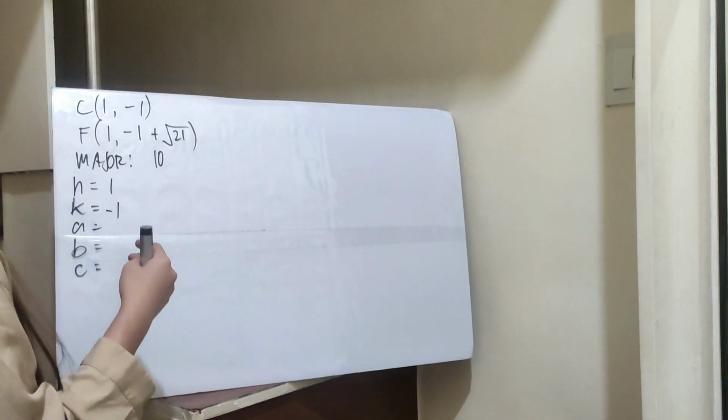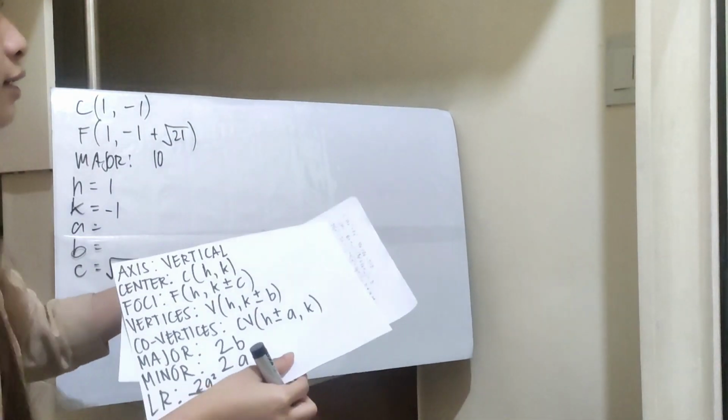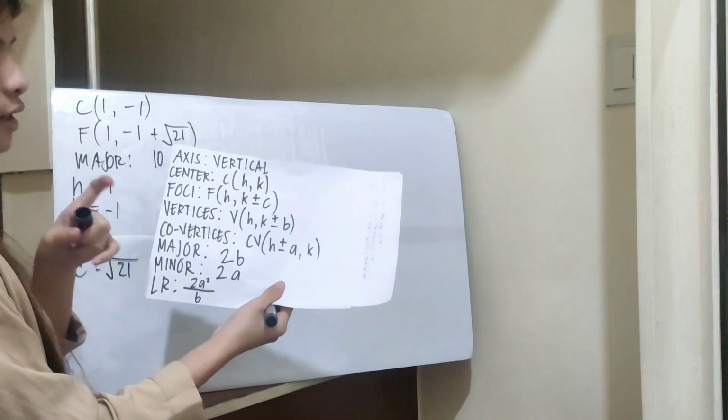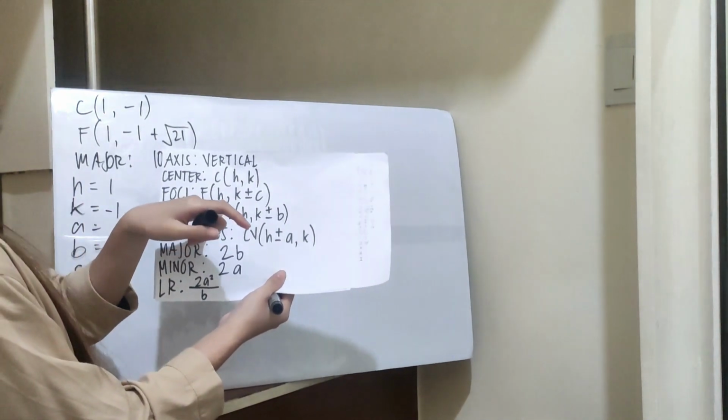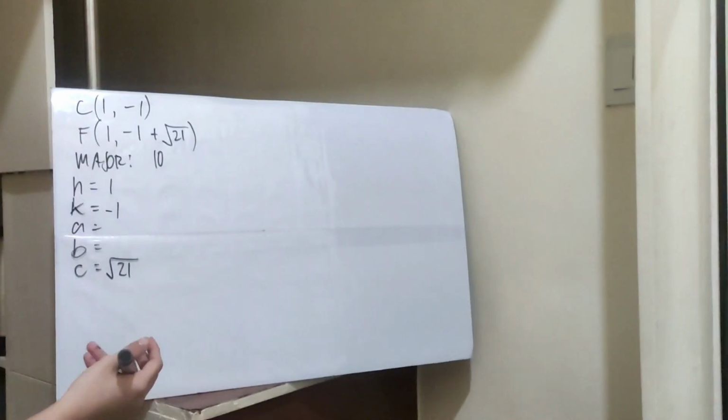So from there we can find the value of c, which is square root of 21, since if we base on the properties we discussed earlier, foci is h comma k plus minus c, so c can be easily found there.